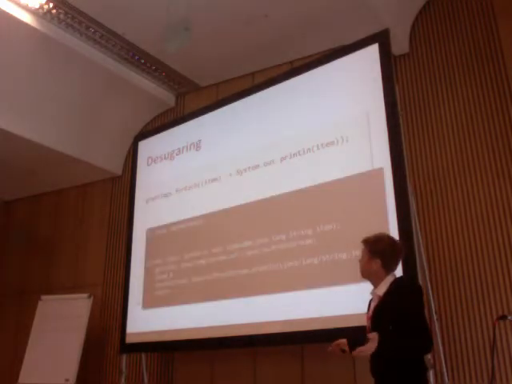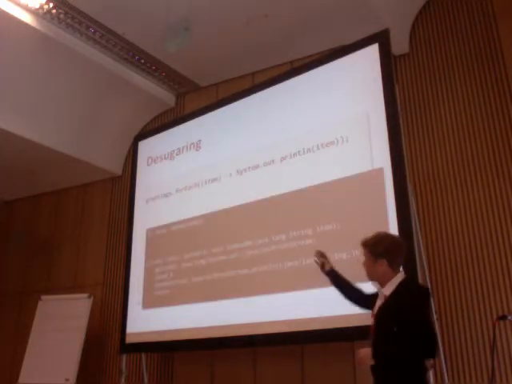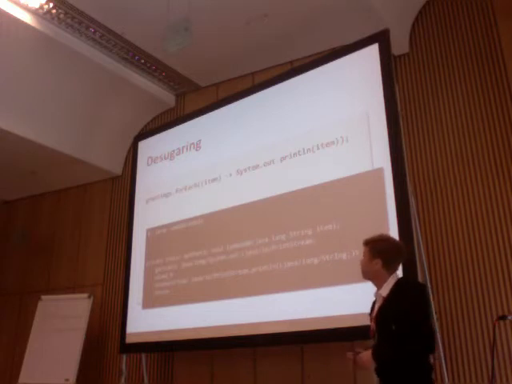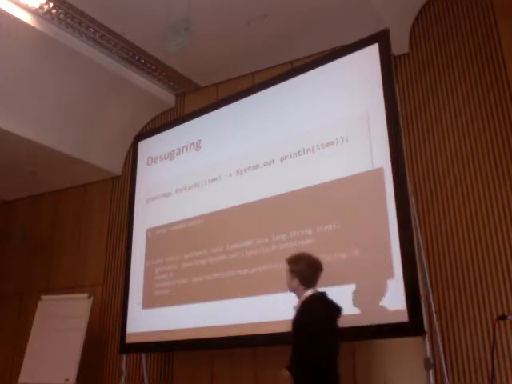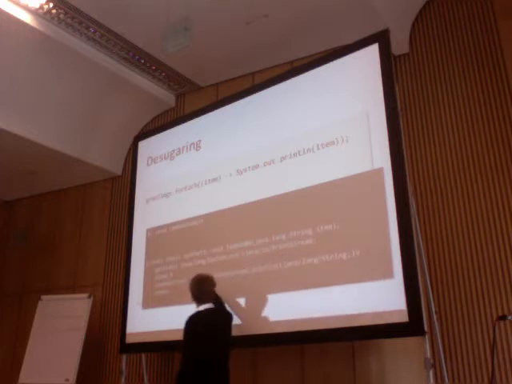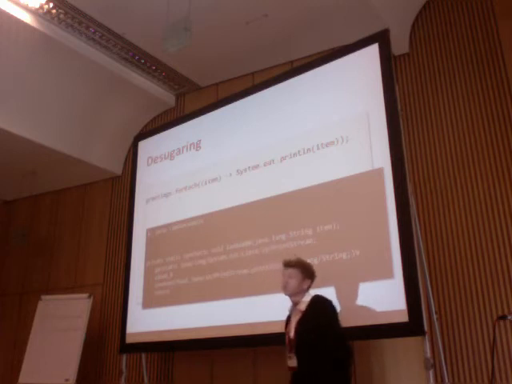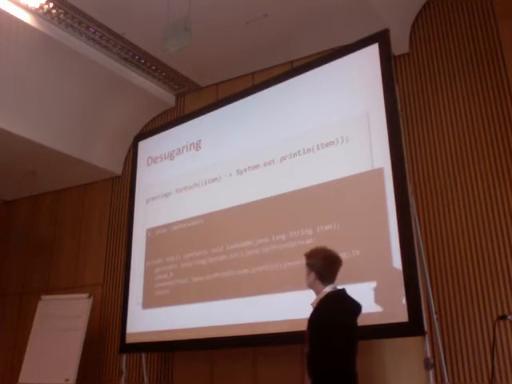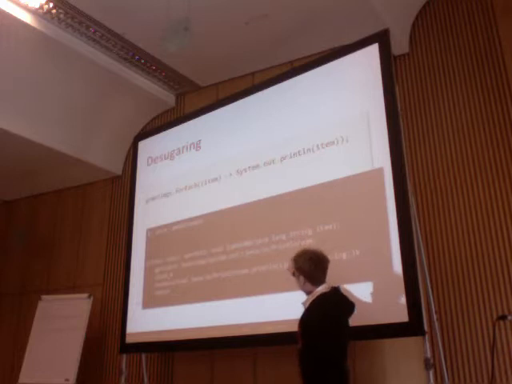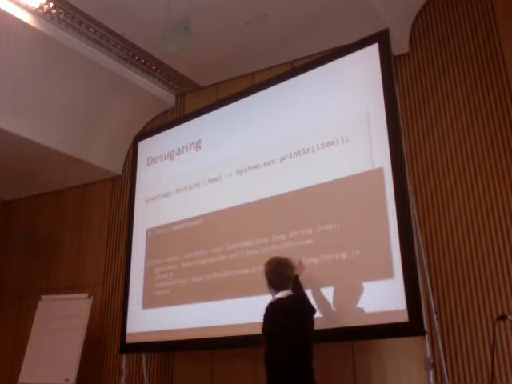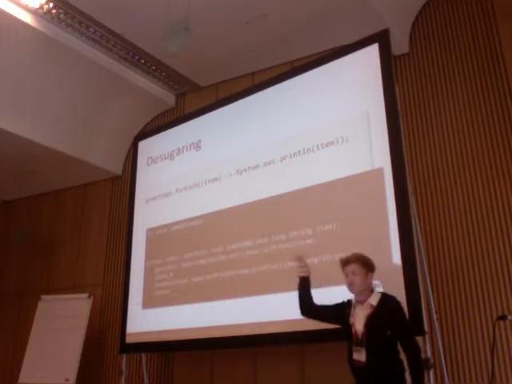So if we decompile the class which contains this Lambda, we will find new synthetic methods, typically static methods, and they have names like lambda$0, lambda$1, just enumerated. They have exactly the signature we expect here, like a String item, and they do what we expect. They get System.out and invoke println on it. This is where the code actually goes to.